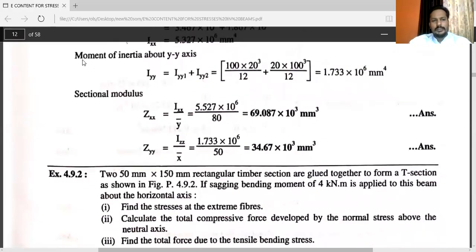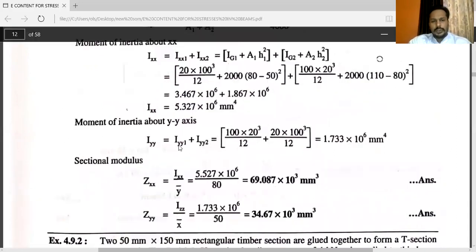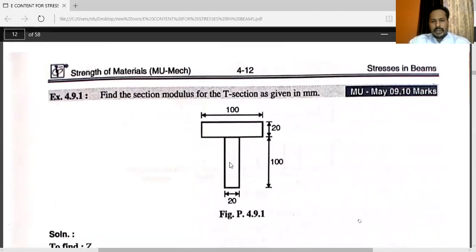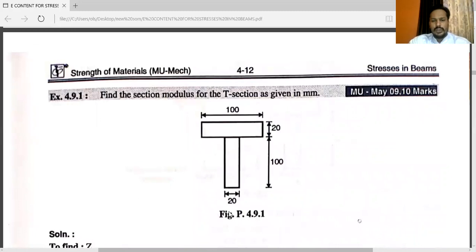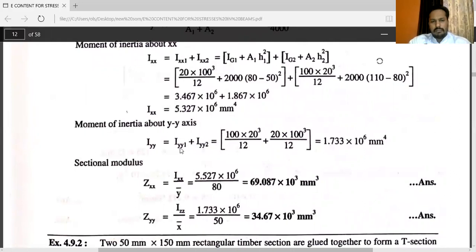Now we know the moment of inertia about the y axis, Iyy is equal to Iyy1 plus Iyy2. Here there is no need to use the parallel axis theorem because the diagram is symmetrical about the vertical center line, so the x bar will be 0. So no need to use the parallel axis theorem while calculating Iyy1 plus Iyy2.